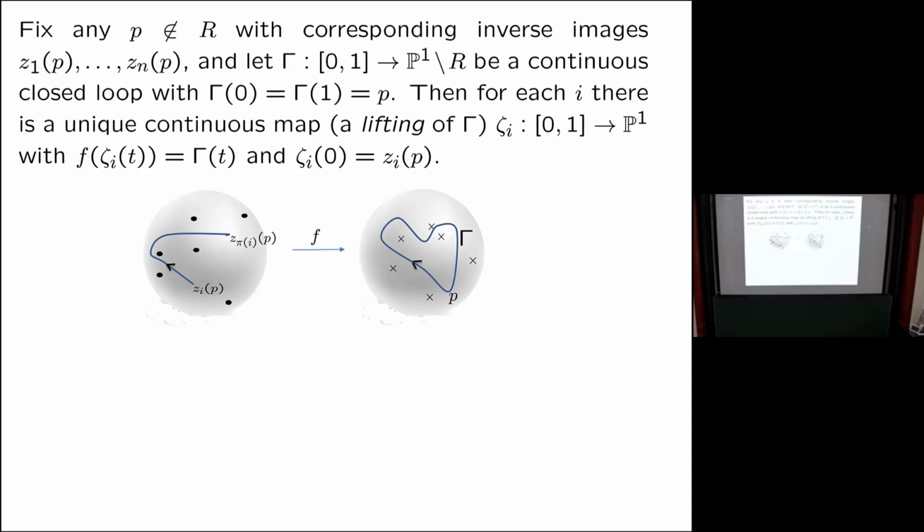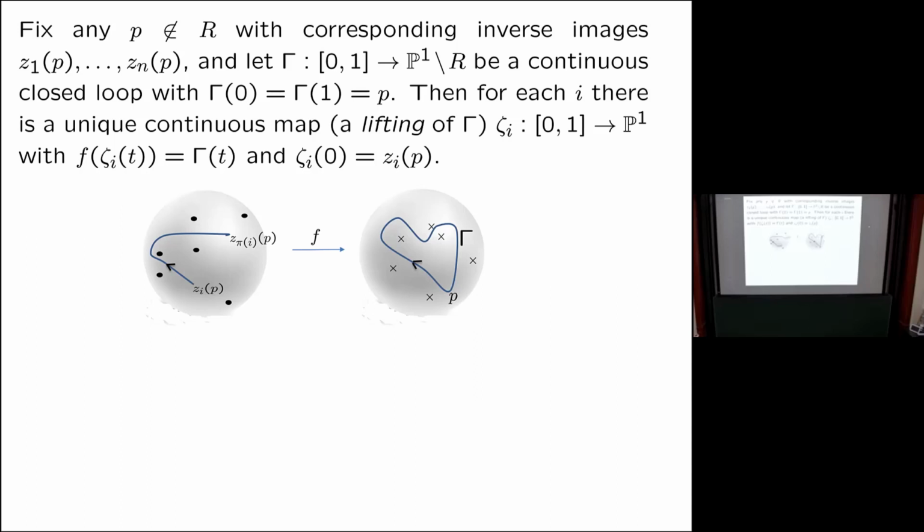That means f of the lifting is gamma. Gamma is parameterized by 0 to 1, so gamma of 0 equals gamma of 1 equals p. As you go around this curve starting at zi, there's a unique continuous map whose image under f is gamma of t. And so you go like this.